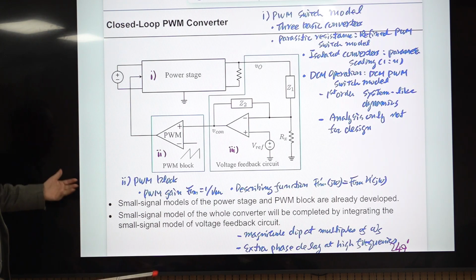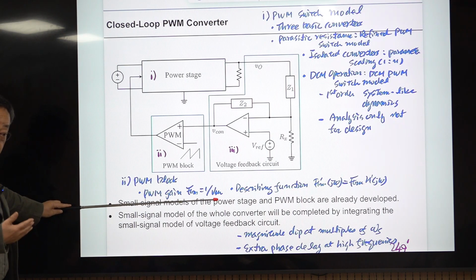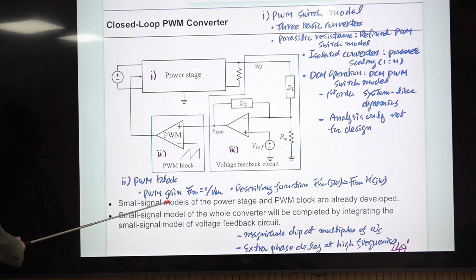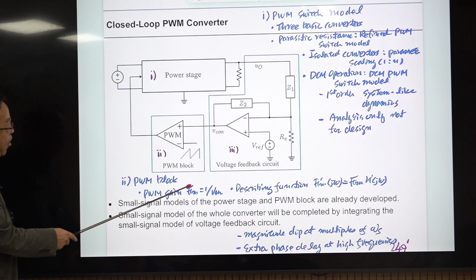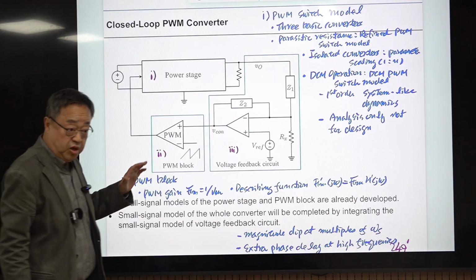The linearized model is just 1 divided by the magnitude of the ramp, the height of the ramp. So it's called the linear modulator gain or linear PWM gain. FM is 1 divided by VM. Okay, but this is a simplification.